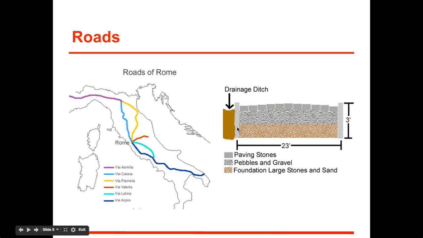And how they would construct it is they would dig a ditch first, then fill that ditch with large stones and sand, pebbles and gravel, and then have these paving stones. I don't believe they had actual paving stones on the side as well. But they would dig a slightly more shallow drainage ditch next to it as well.